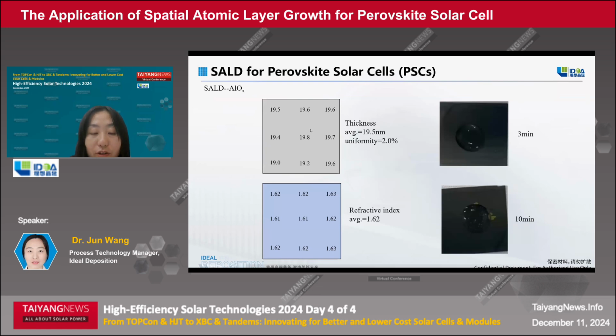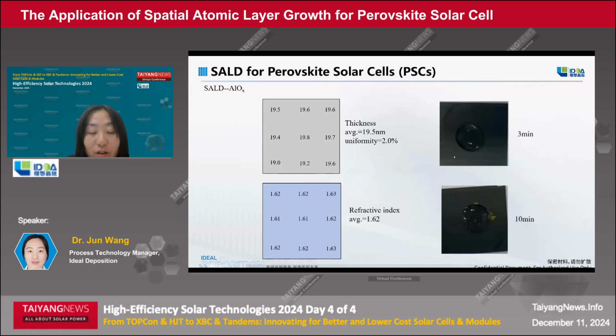The coating non-uniformity of a 300 by 300 millimeter area is about 2%, and the refractive index is about 1.62, which was grown at 100 degrees.